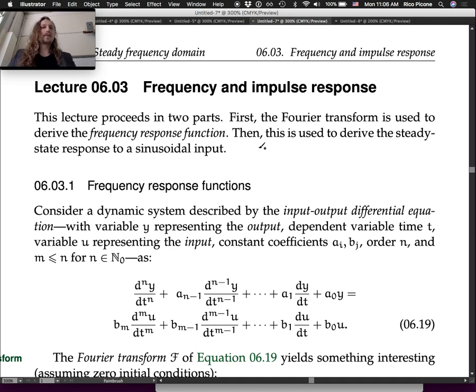First, the Fourier transform is used to derive the frequency response function. And actually, I forgot to update this because I had changed it.